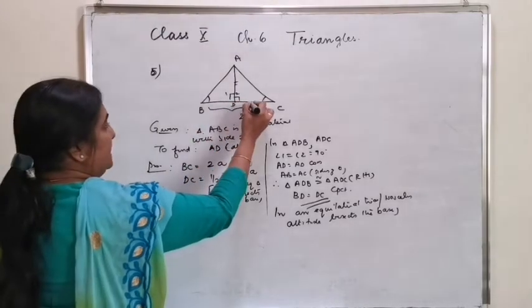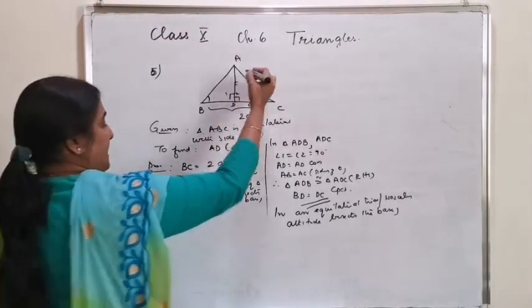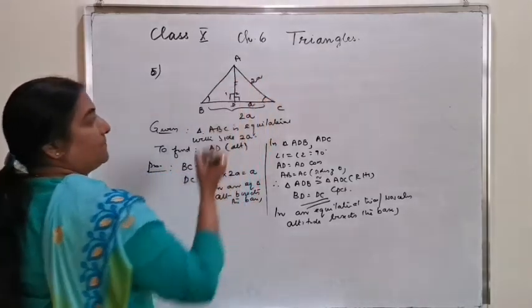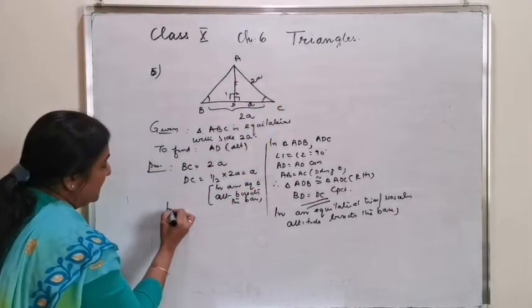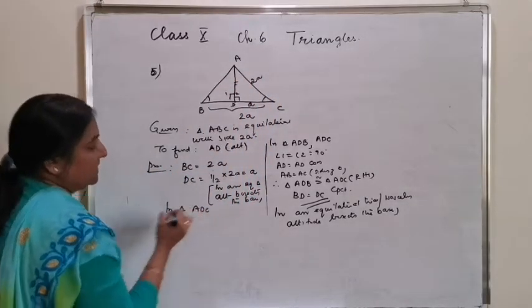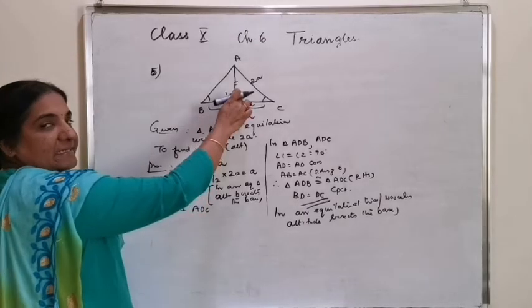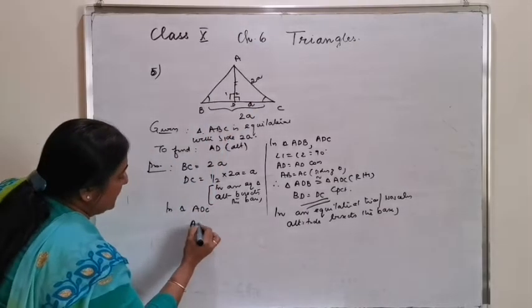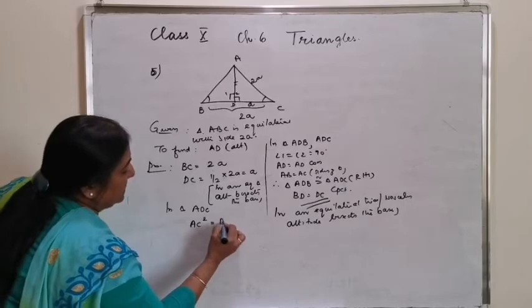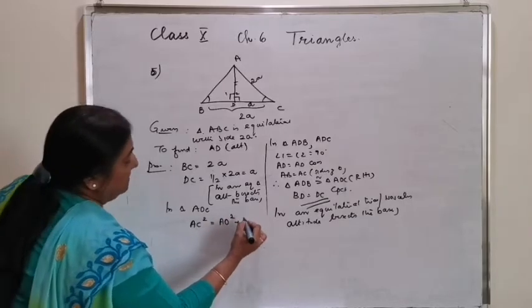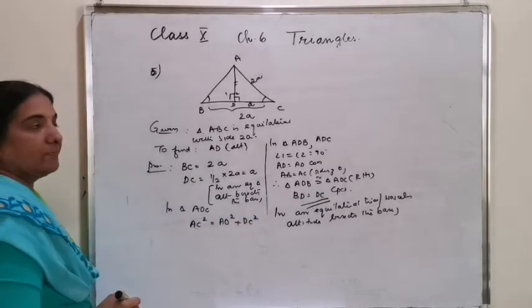You have DC length as A, AC length as 2A. You can take the triangle ADC, in which angle 2 is 90 degrees. Therefore, by applying Pythagoras theorem, AC square is equal to AD square plus DC square.